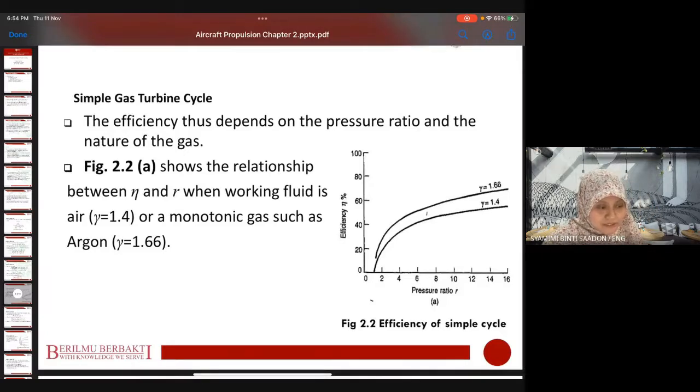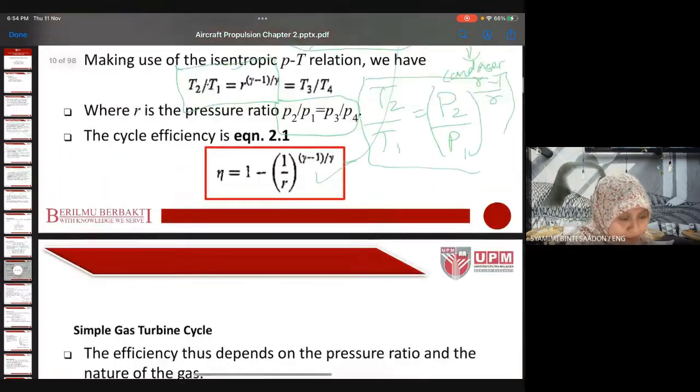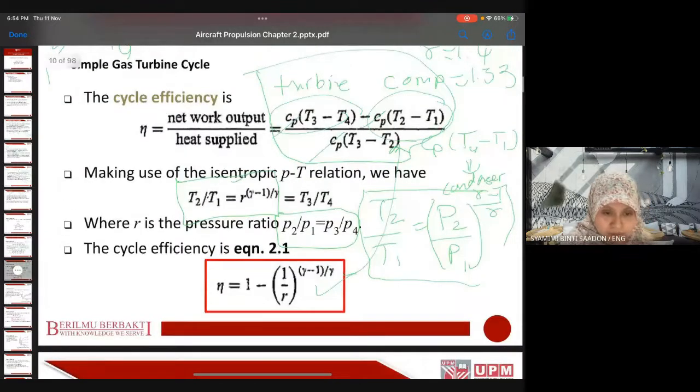Okay, so from this derivation, from equation 2.1, we can see here that the cycle efficiency, the gas turbine efficiency, depends on the pressure ratio.